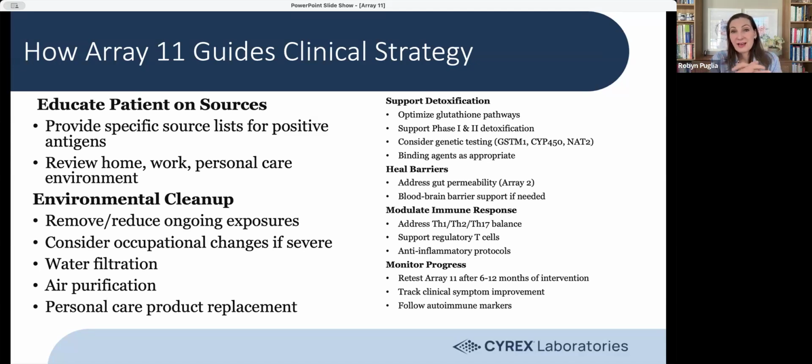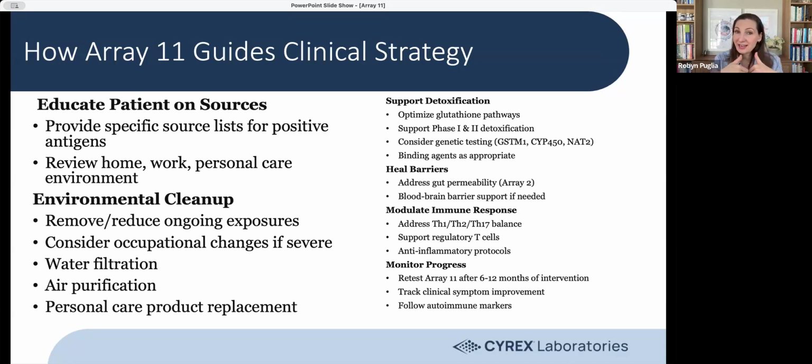It allows us to understand whether or not we need to be supporting and optimizing detoxification, including not just glutathione, but also the NRF2 pathway and other endogenous antioxidants, whether or not we need to be thinking about phase 1 and phase 2 genetics around detoxification efficacy. Maybe considering binders if that's appropriate.